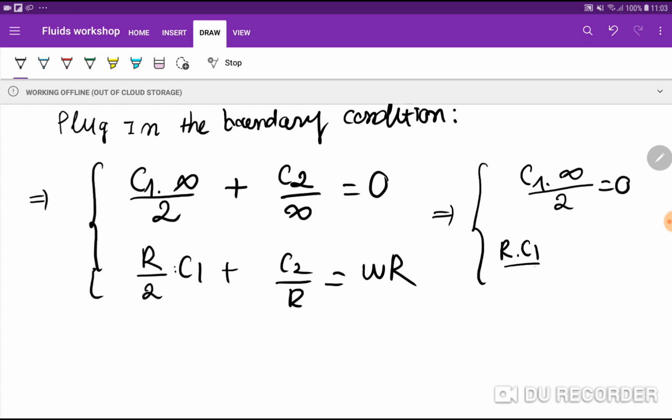R times c1 over 2 plus c2 over r equal omega times r. Okay, you notice something very interesting about this term right here on the left, the highlighted term. c1 times infinity over 2 equals 0. So in order for that to be always true, c1 has to be 0.